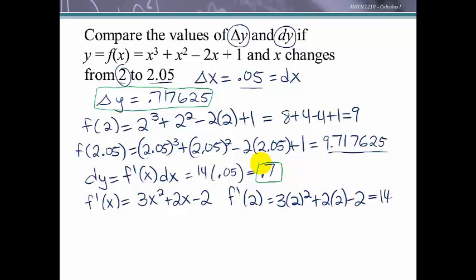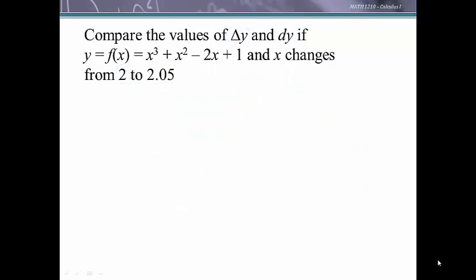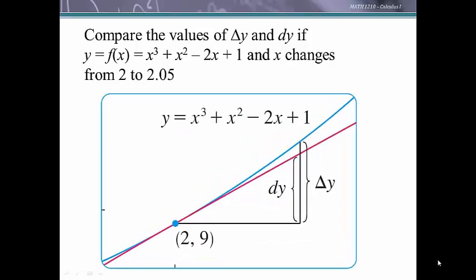We can see how much a little change in x would affect the change in y. And actually, you see that this dy is much easier to compute than delta y, especially if we had a complicated function. So sometimes computing this dy, even though it's not exactly delta y, can give us an idea.